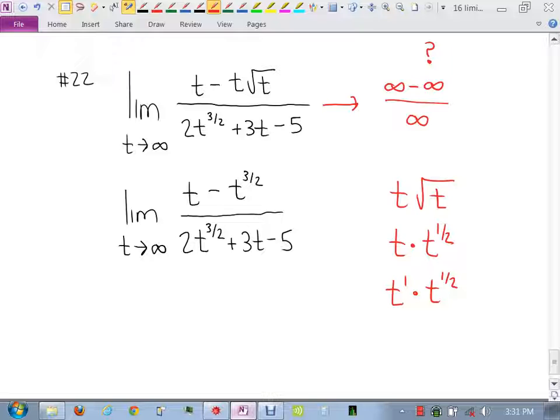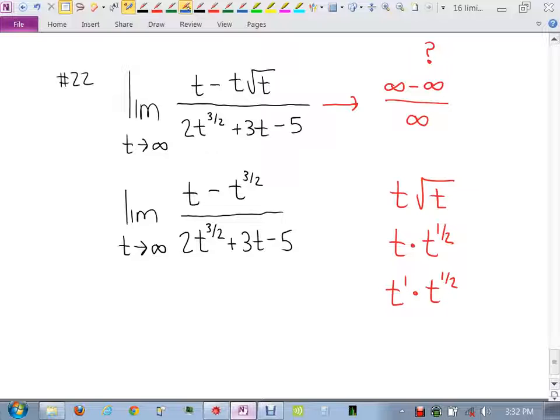Anyone have an instinct of what to do here? Yeah, let's try that. We know the denominator is going to infinity, right? In the past, when we had infinity over infinity, we tried to reduce by the highest power on the bottom, right? So let's just try it.